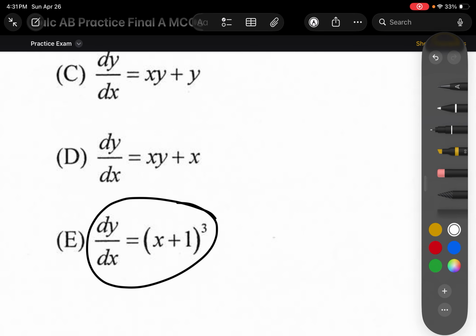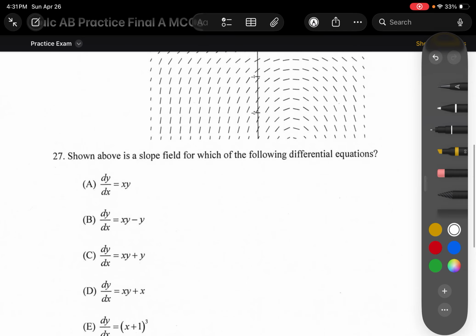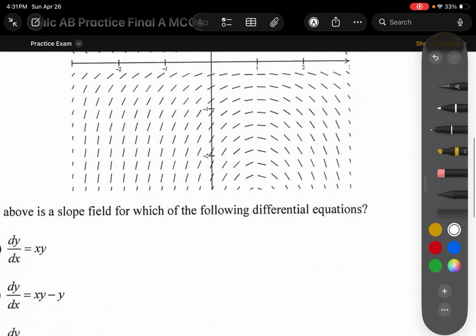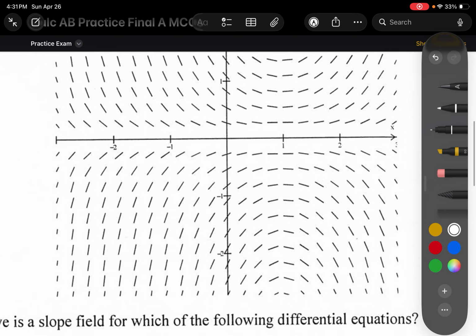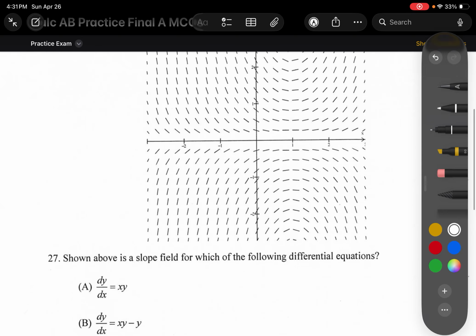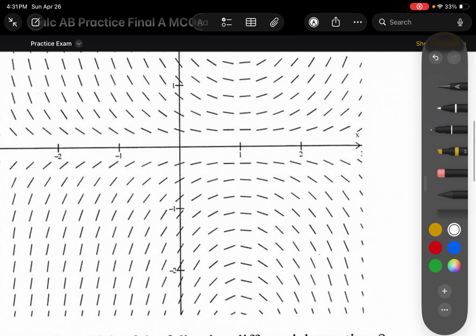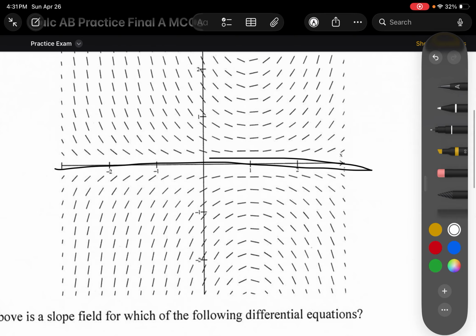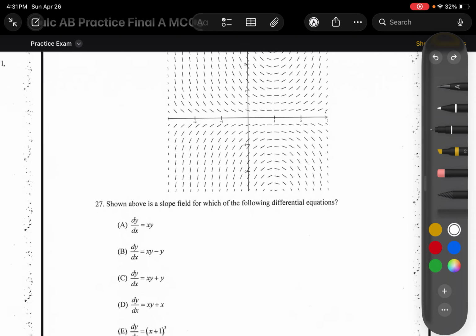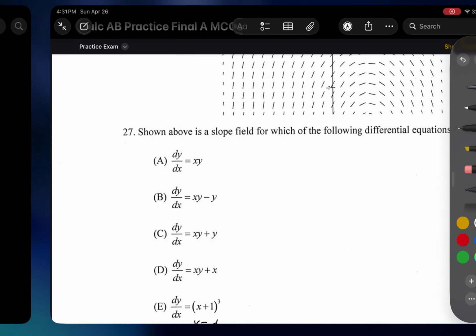So basically, this slope is saying at x equals -1, there is going to be an x-intercept. Is there going to be an x-intercept? There is not, because there's an asymptote in the middle, or there's no slope, indicating that there's a 0 slope in the middle. So E is canceled out.